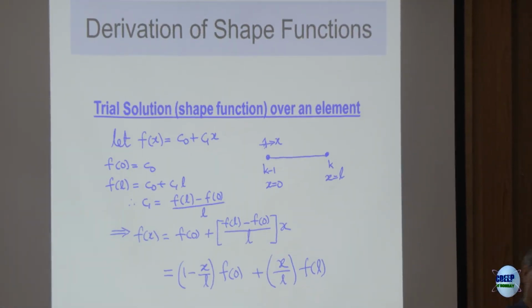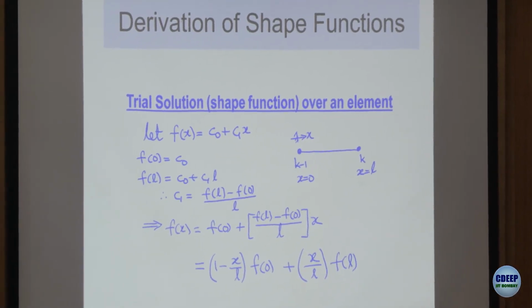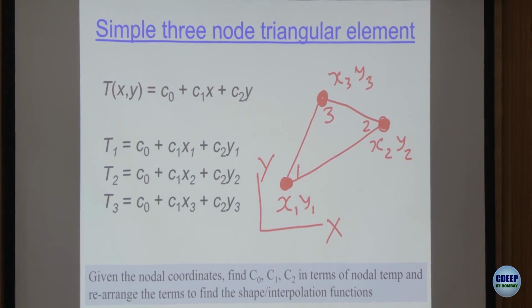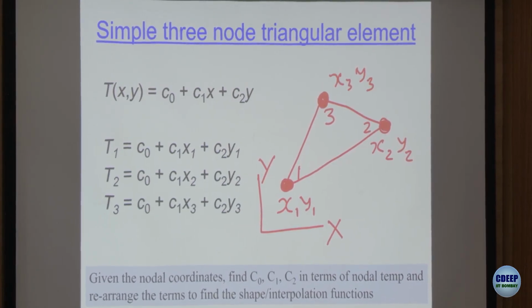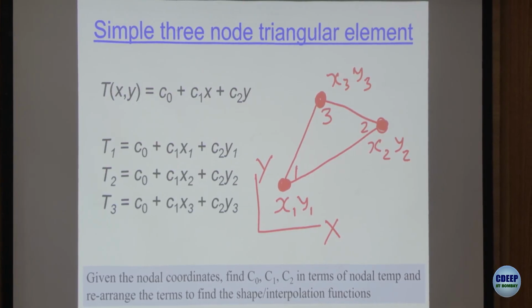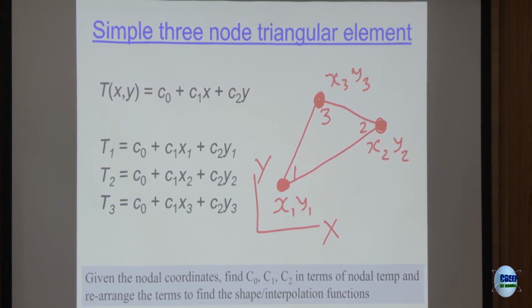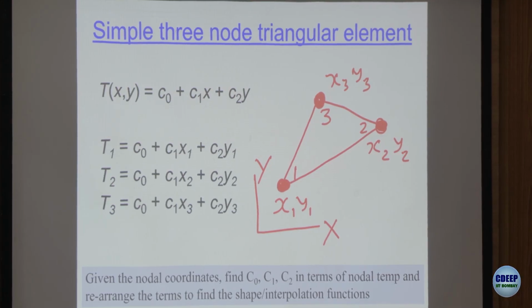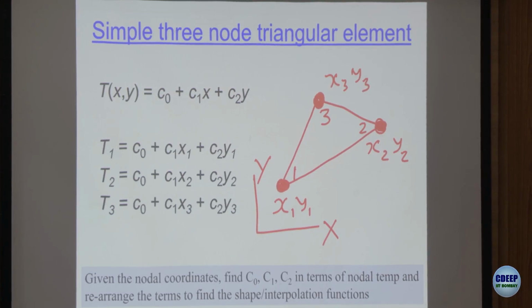Now let me see if this method works for a two-dimensional element. So I take this simple example of a two-dimensional triangular element. 3 nodes at the corners, the vertices of the triangle. Let's say temperature is the field variable. T is now a function of x and y: C0 plus C1x plus C2y. The calculations are fairly intuitive, right?